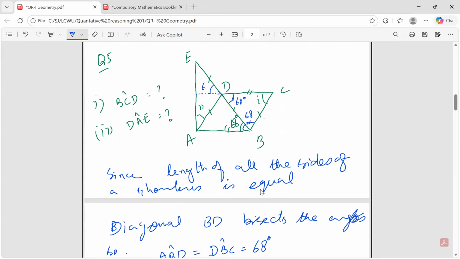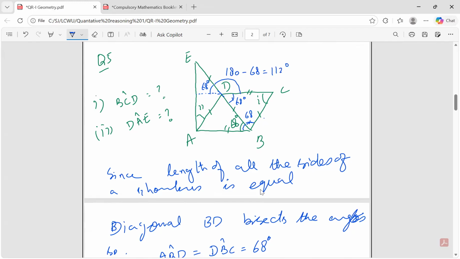So this angle is also 68 degrees. Now, this remaining angle is 180 minus 68 degrees, which is equal to 112 degrees.